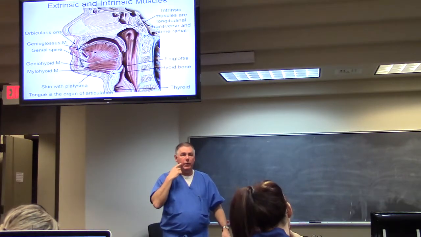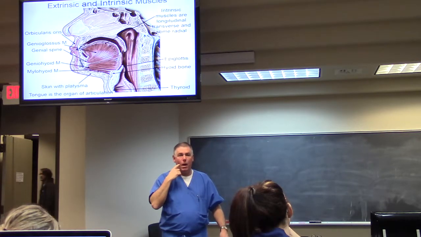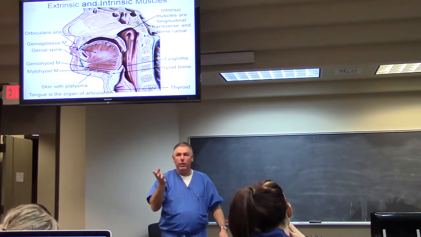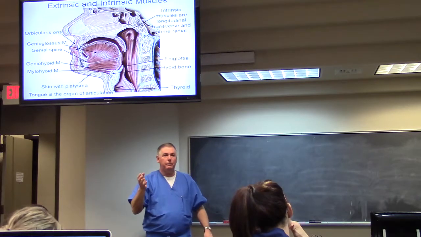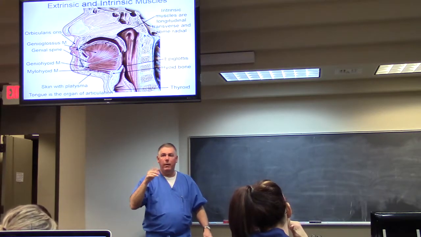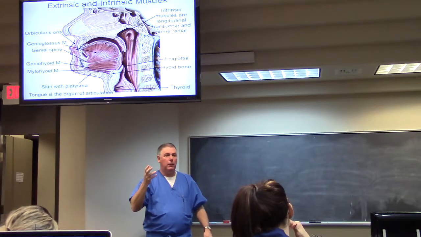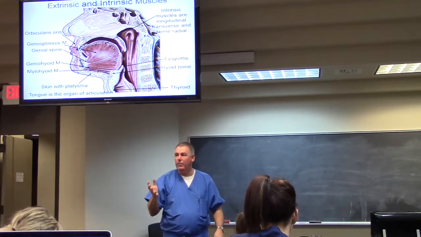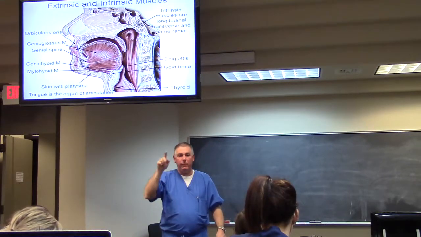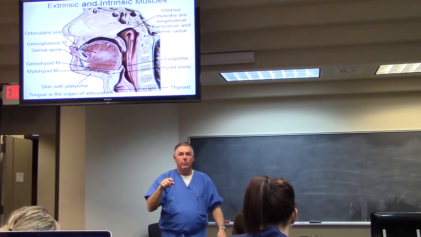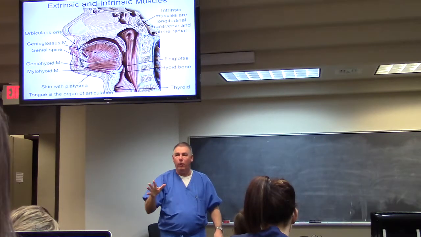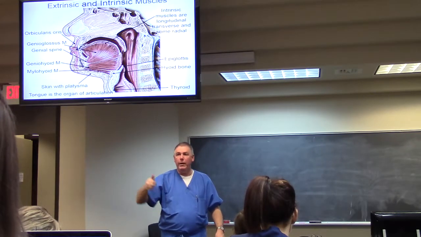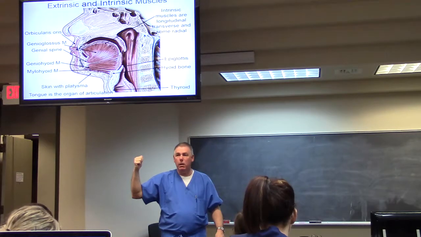What keeps the food between the teeth? What innervates that? Buccinator? What cranial nerve? 7. What moves the tongue up and down? What innervates the tongue? Hypoglossal, 12. So there must be some type of reflex or relay between 5, 7, and 12 so that you don't wind up eating your tongue.